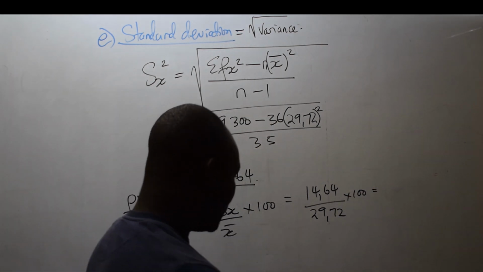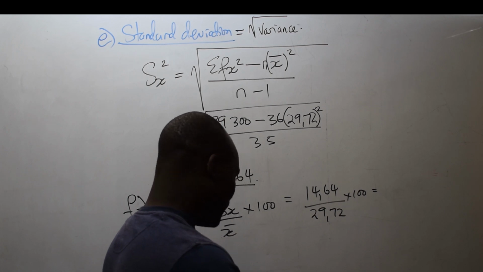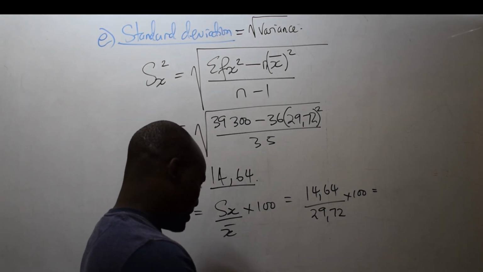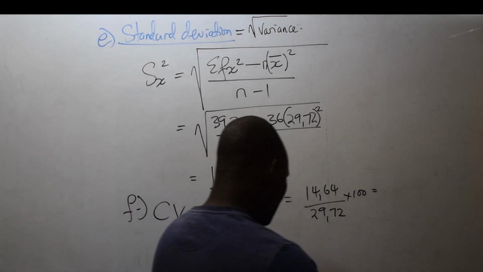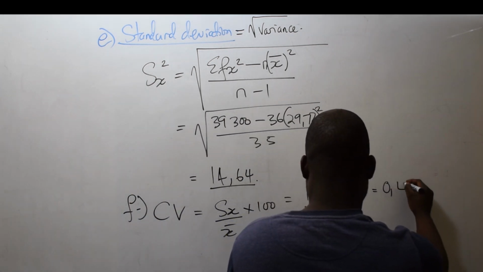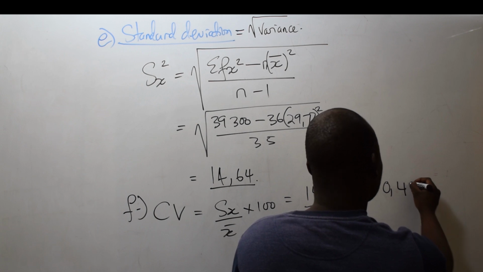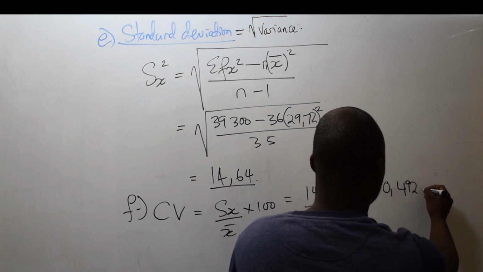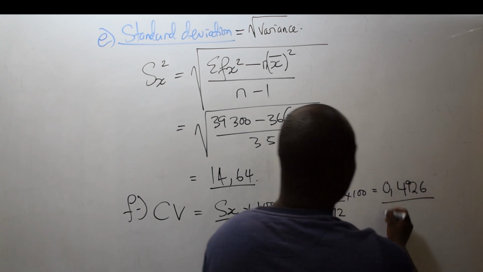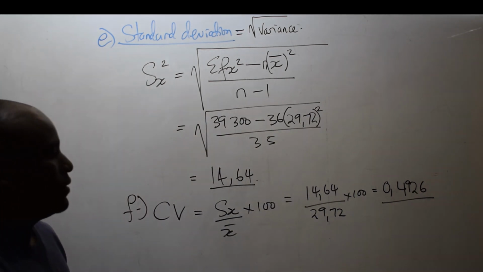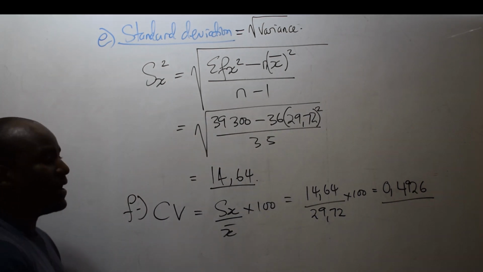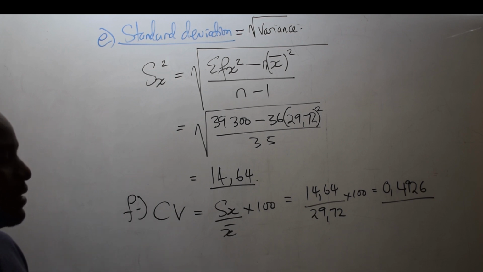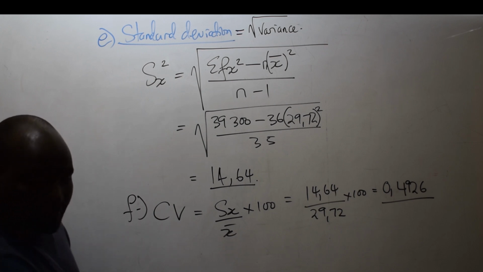We do the calculation, 14.64 divided by 29.72, that will give us 0.4926. What does this mean? This is a very high variability, meaning that if you were doing investments, you can't really trust to always have a solid return. It can actually fluctuate. So that's the essence of the standard deviation.